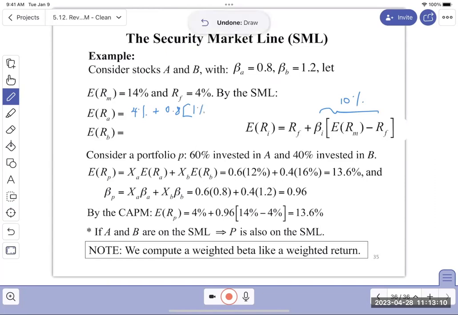As long as you use percent and percent or decimal and decimal, you'll get the right answer. So that will give us the expected return to A.